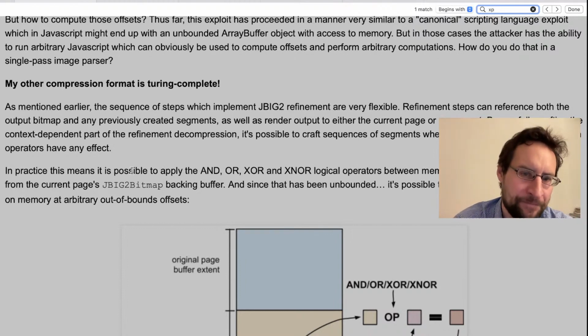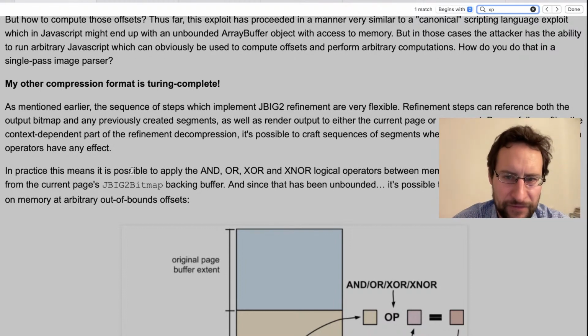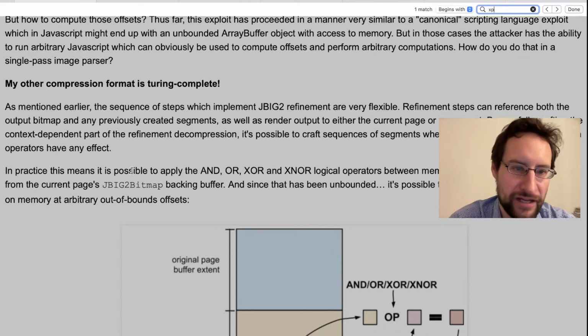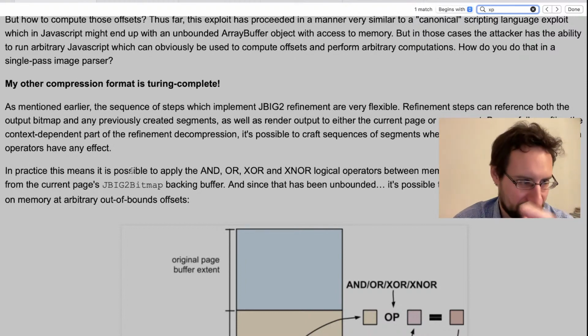So they also write here, JBig2 is flexible, but not itself Turing complete, because obviously it's not like Java or Lua or any other virtual machine thing. It's just a lossless or optionally lossless image coding and encoder, an ISO standard. So of course they need to use these buffer overflows to perform logic operations on memory at arbitrary out of bounds offsets.